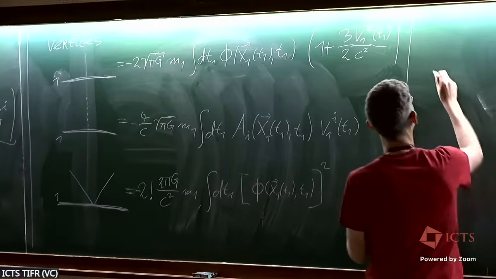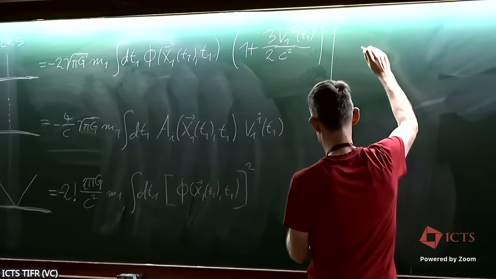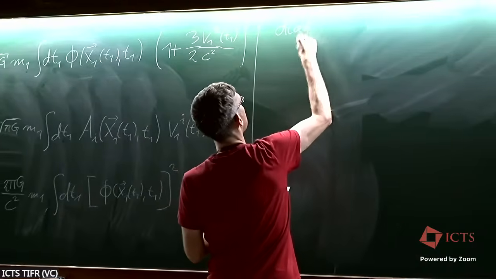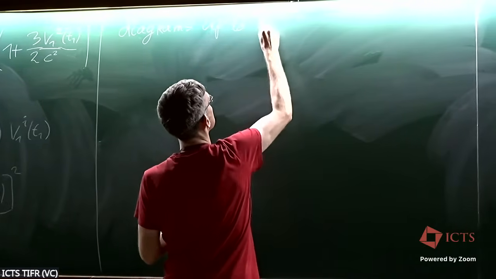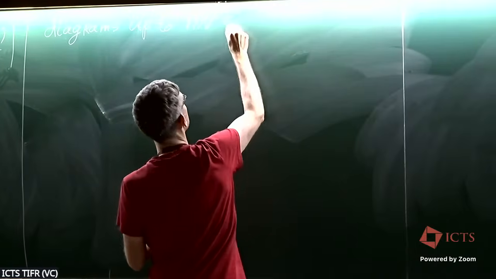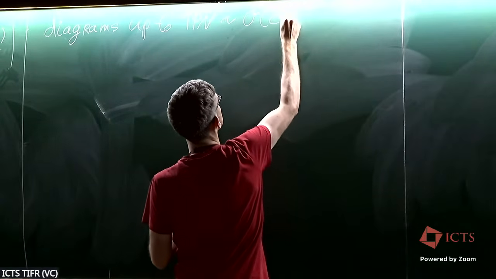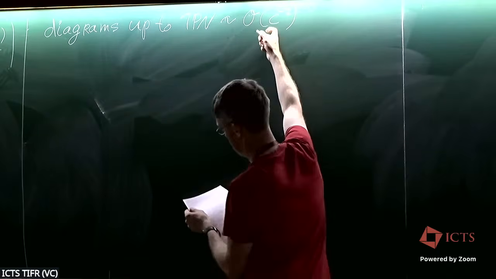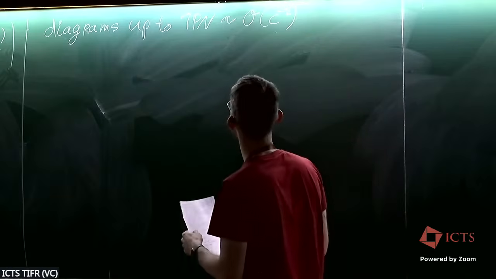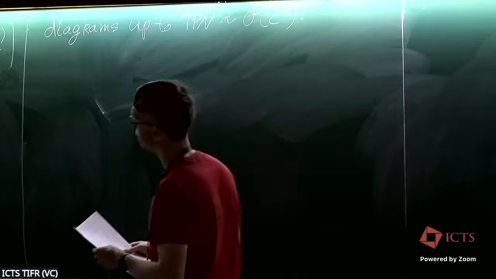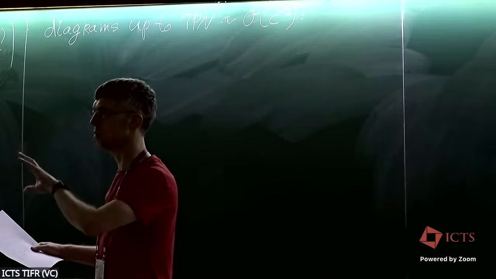Let's start with the very simple one. So we want all diagrams up to 1 PN order, which would be order c to the minus 2, and also at most up to power 2 in the gravitational constant G. Now the approach is that we take the topologies that we've worked out before, and we try to see if we can replace each of the gravitons in the topologies by either this one or this one.